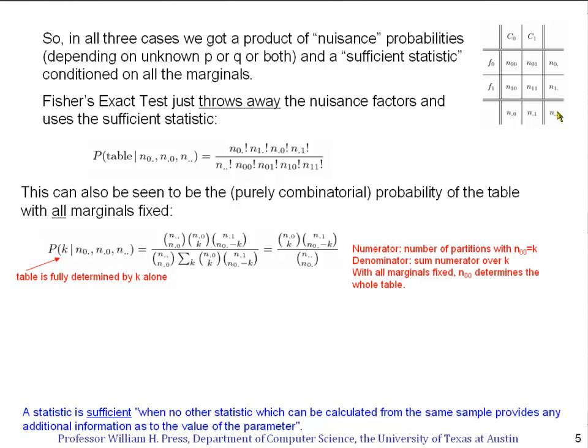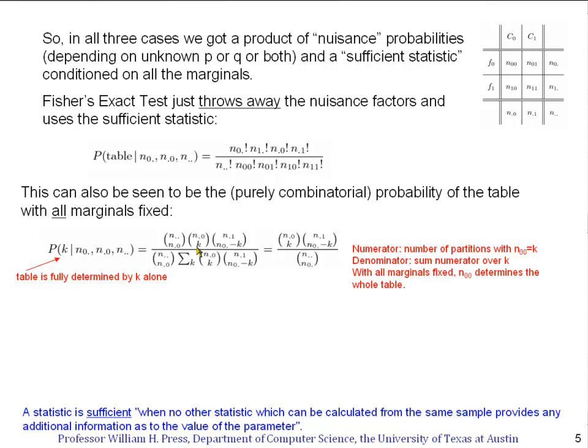Let's reason through. We know how many total events we have, so let's figure how many ways we can pick n.0 of those events and put them somewhere into this column. Well, that's n dot dot choose n.0. Okay, we have the events in that column. Now let's figure out how many ways we can put exactly k of them into this cell.